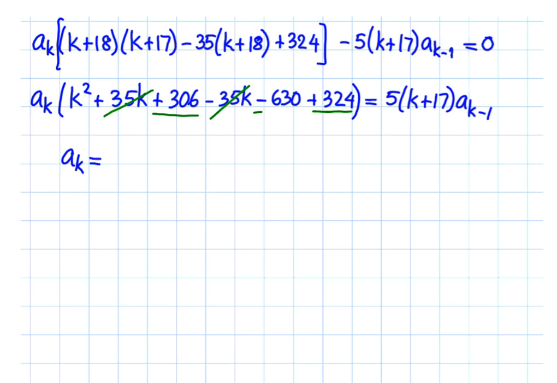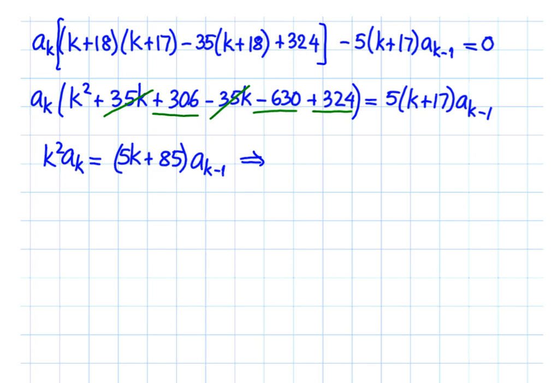Actually cancel with everything. So we just have K squared, actually turned out to be just K squared A sub K, and we have 5K. 5 times 17 is 85. A sub K minus 1.